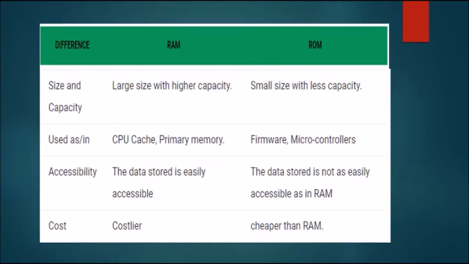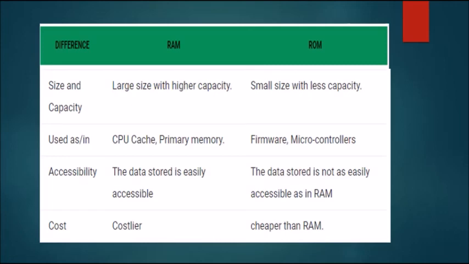Then the next point is size and capacity. RAM is basically larger in size and has higher capacity. It can store a large amount of data as compared to ROM, and the size of ROM is also small. Then usage: RAM is basically used in CPU, cache and primary memory, whereas ROM is basically used in firmware or microcontrollers.